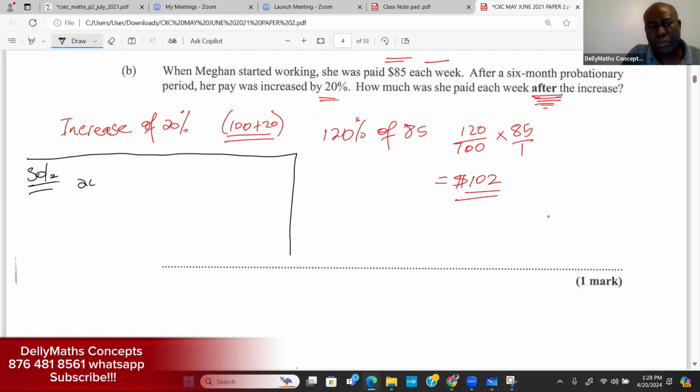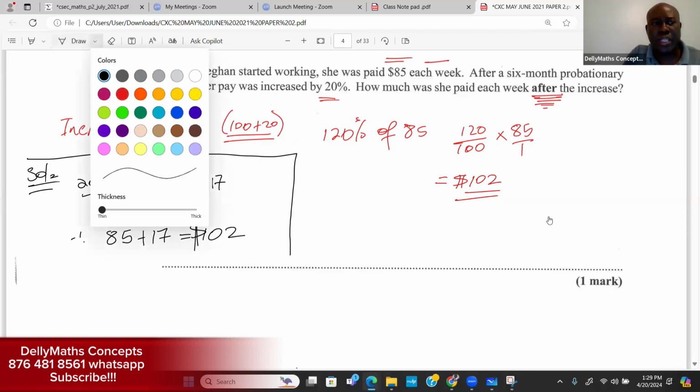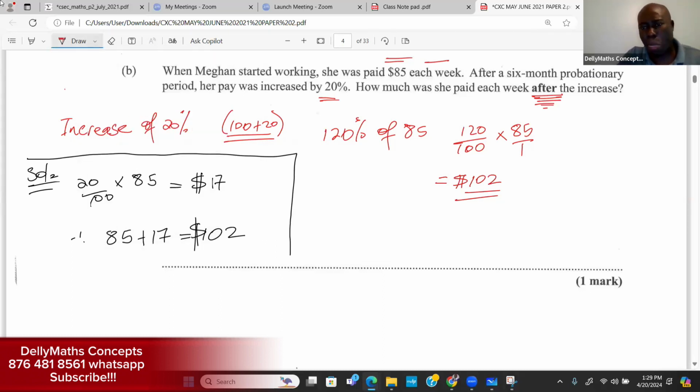You can find 20% of the $85, and 20% of the $85 is going to be $17. Then we add the 85 plus the 17, and that is still going to take us to 102, just the same. So it's all about how you feel when you're working the problems.